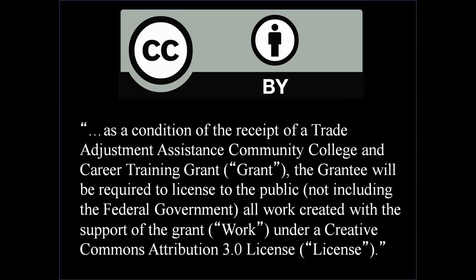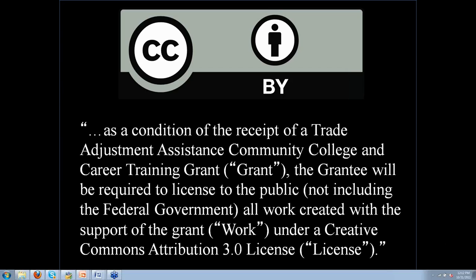Yeah, James. Great. Hi. Well, while you guys are figuring out the technical challenge for Cable, I will chime in here on this slide. One of the remarkable things and really historic aspects of the Department of Labor Trade Adjustment Act grant program, which, by the way, is $500 million a year over 4 years for a total of $2 billion in U.S. federal funding going towards community college work, is that all of the content produced with that has to be Creative Commons BY licensed.